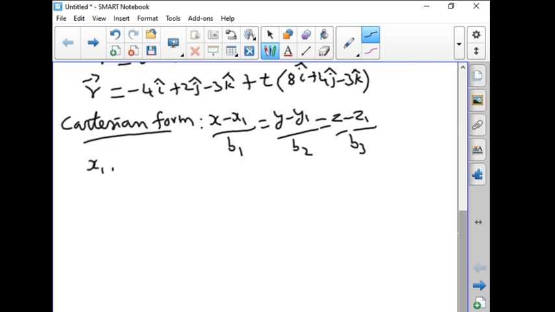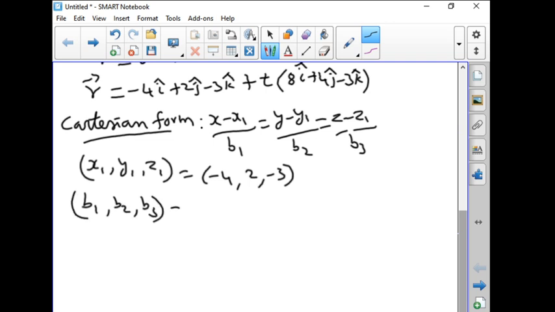Here x1, y1, z1 is equal to -4, 2, -3 and b1, b2, b3 is equal to 8, 4, -3.